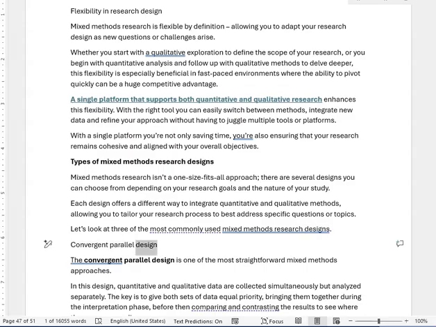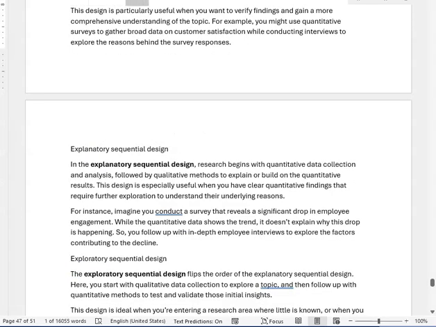Convergent parallel design. The convergent parallel design is one of the most straightforward mixed methods approaches. In this design, quantitative and qualitative data are collected simultaneously but analyzed separately. The key is to give both sets of data equal priority, bringing them together during the interpretation phase, before then comparing and contrasting the results to see where they converge or diverge.